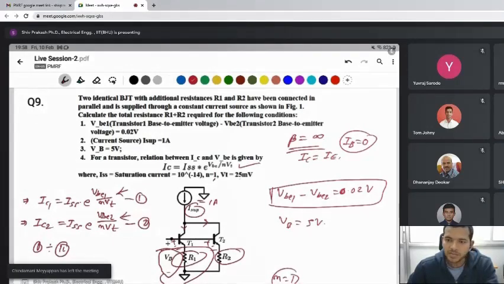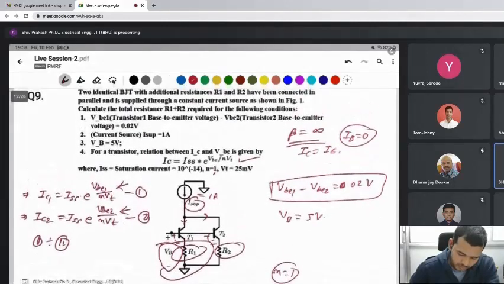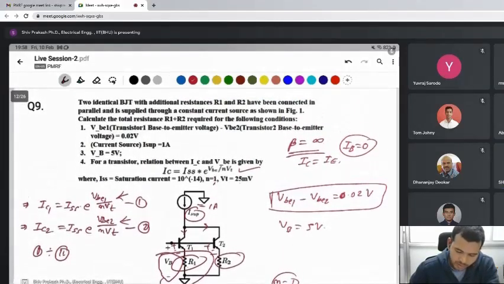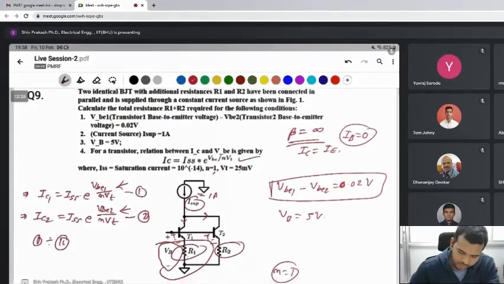If the beta value is not mentioned in the question, or the transistor in saturation region is also not given, then you can take beta as infinity, which means IB is 0 and IC is equal to IE.